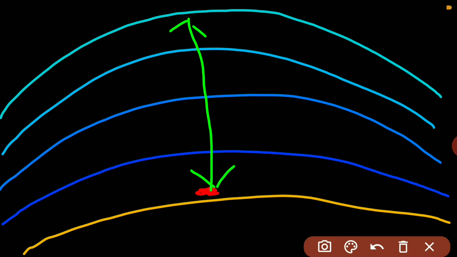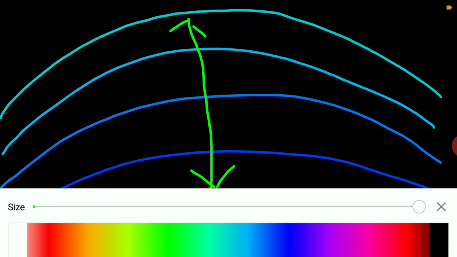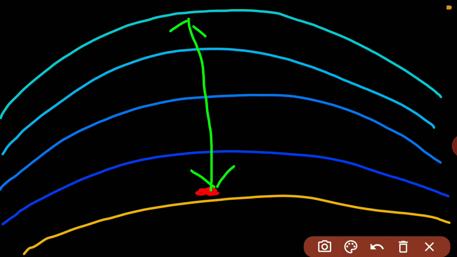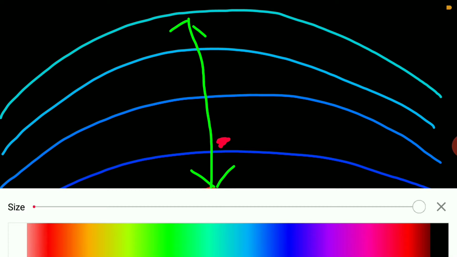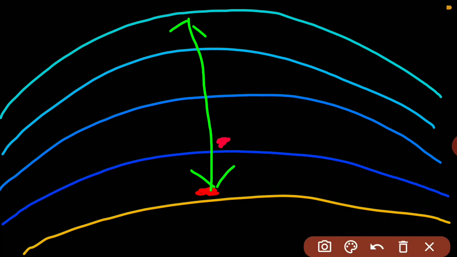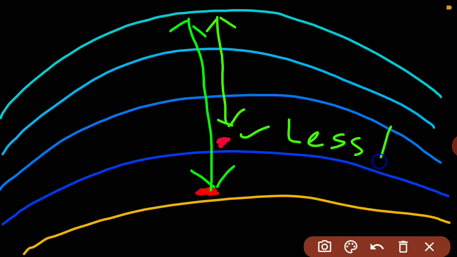So as the object moves up, suppose the object reaches here, then you can see the air above it also has decreased. So the object will feel less pressure here.